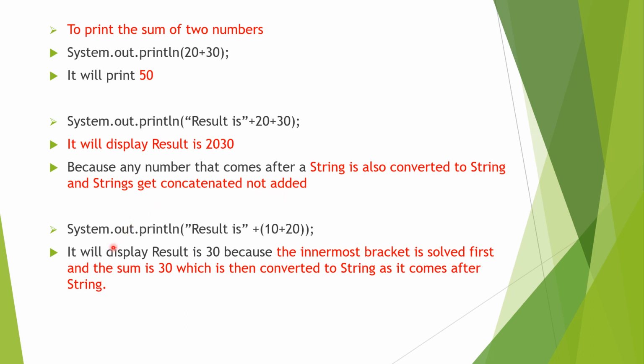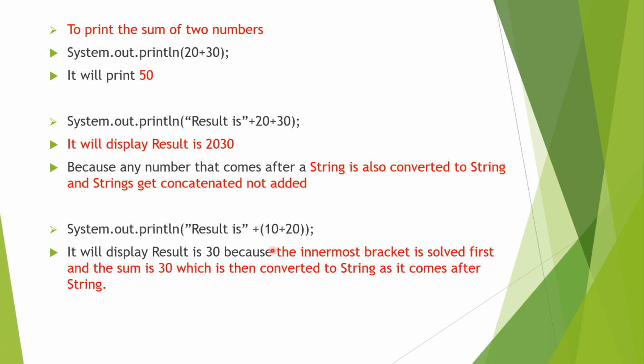Next is, if you write System.out.println("result is" + (10 + 20)) with brackets. Here it was without braces. Here it is within braces. So the innermost bracket is solved first. So 10 plus 20 will become 30 and the output will be result is 30.